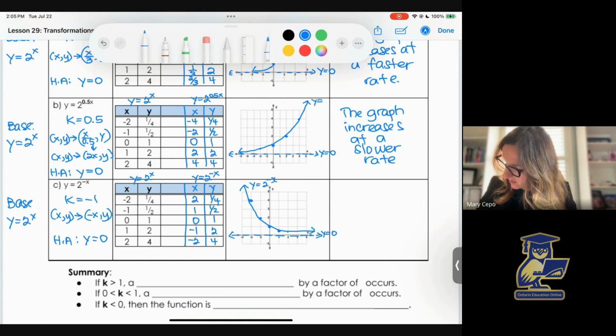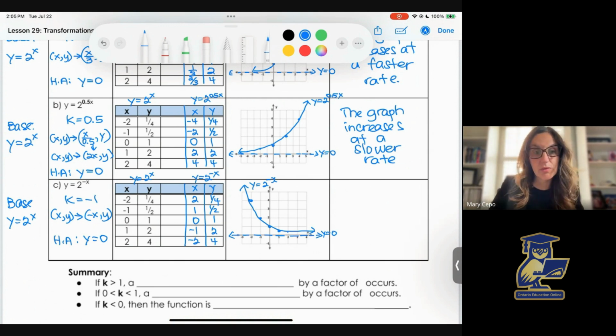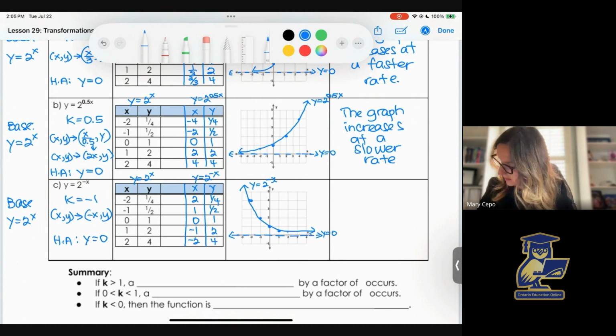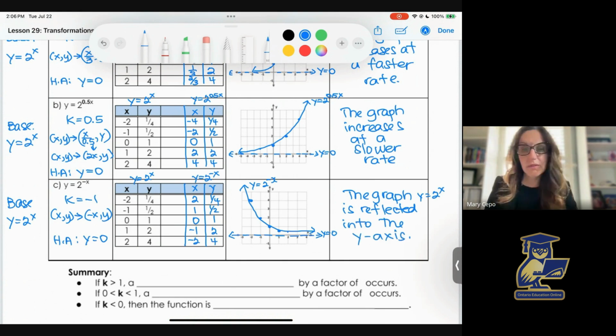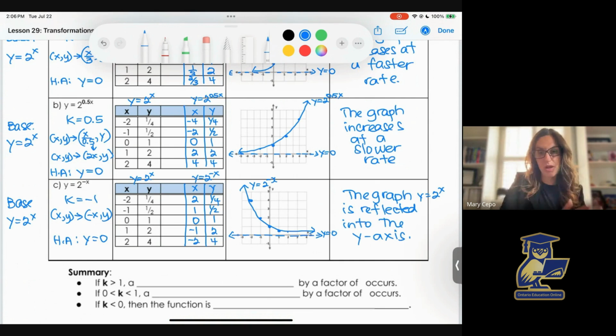The graph is reflected into the y-axis this time. So when k is negative, that means it's reflected into the y-axis.